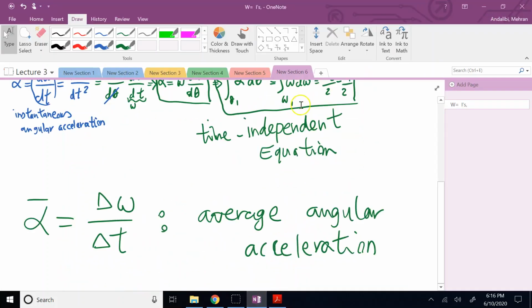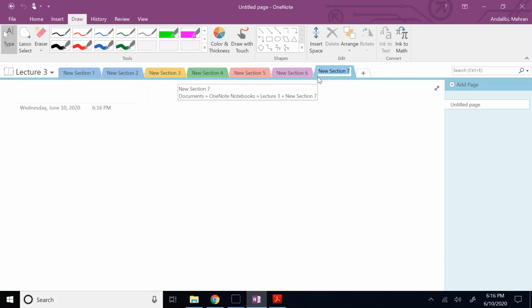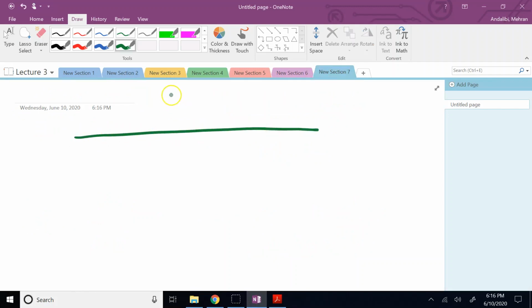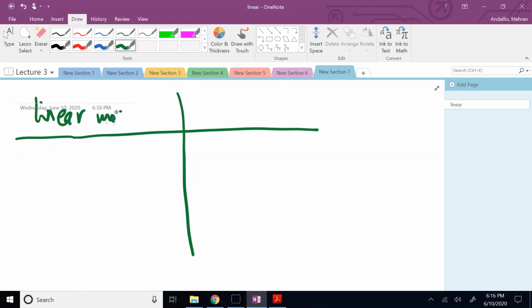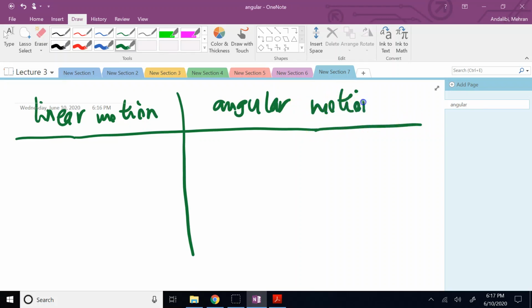I can get them all for angular motion, right? So if I create a table here, on this side I call it linear motion, and the right side I call it angular motion. The equivalency is this. If I have s position in a rectilinear motion, here I have theta.